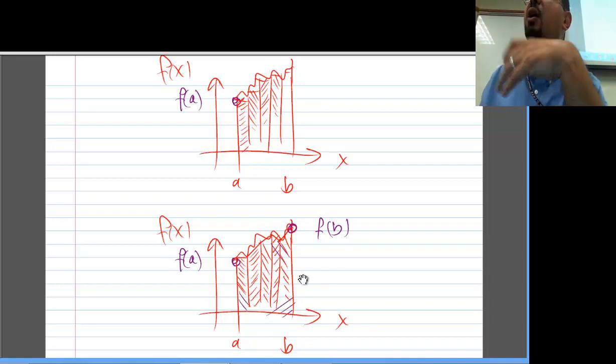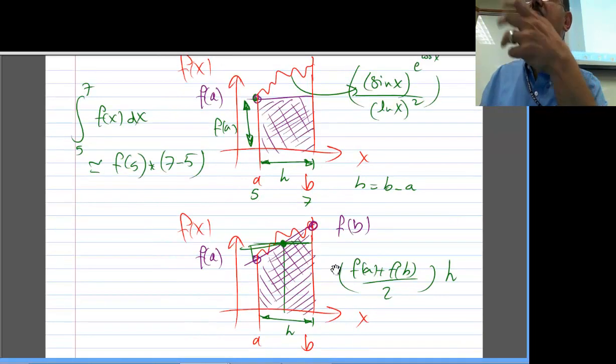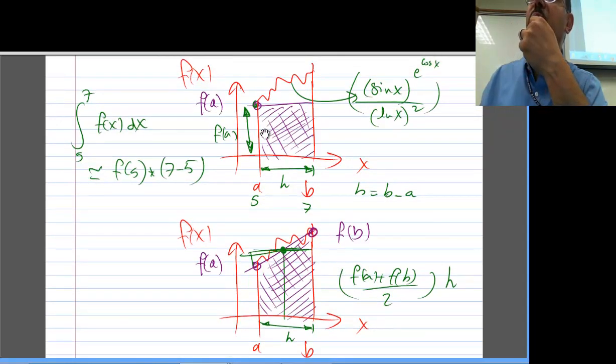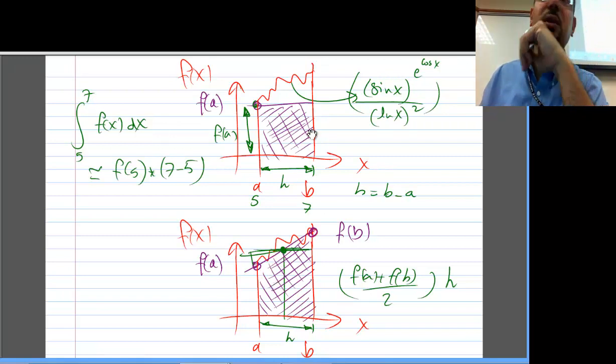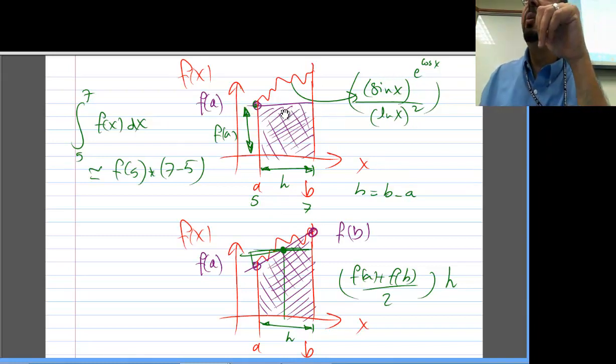So if you are modifying this, if you are inventing a new method, what would you do? I don't want to do rectangle, I don't want to do trapezoidal, I want to do quadratic, right? Rather than approximating the function as a constant or as a line, which is what you did here. In the rectangular rule you approximated the function as f that doesn't change; you basically said, I think it will remain f of a forever.